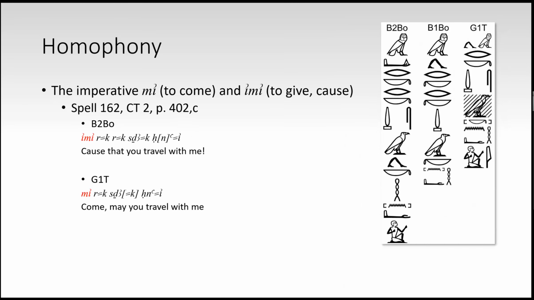The next one I'm dealing with here is a case where you're dealing with, at least as is written down, two lemmas, one usually transcribed as imi, the other usually as me, where you're dealing with two imperatives, but both from rather distinct lemmas. But the fact that they can be rather interchanged here based on the classifiers that have been added, I have to assume here that the scribe had to make an interpretation of which imperative they were dealing with, that they had to make a choice.